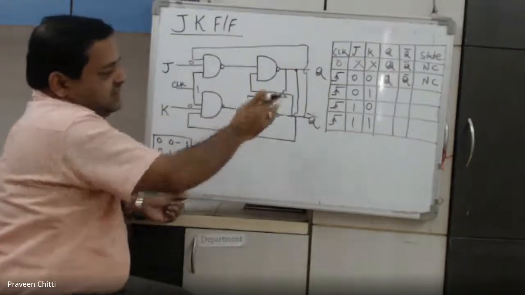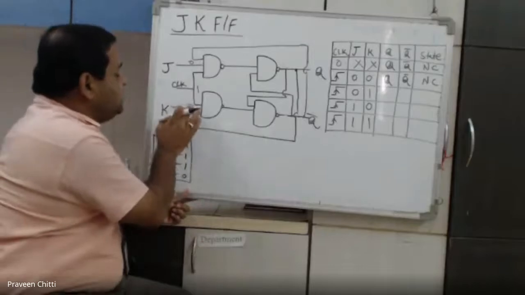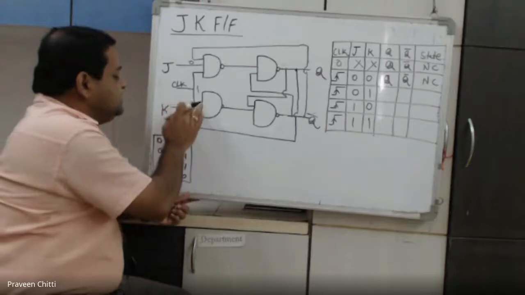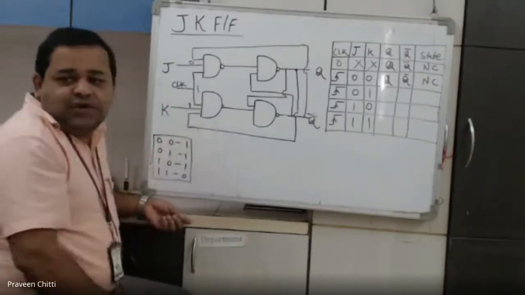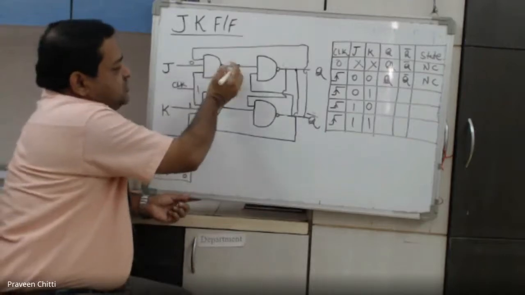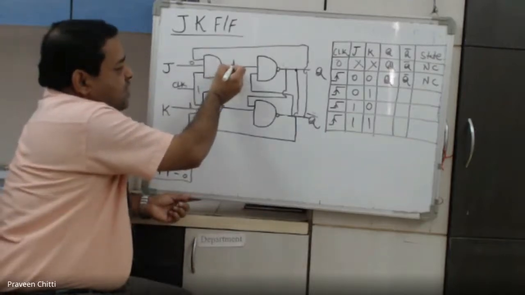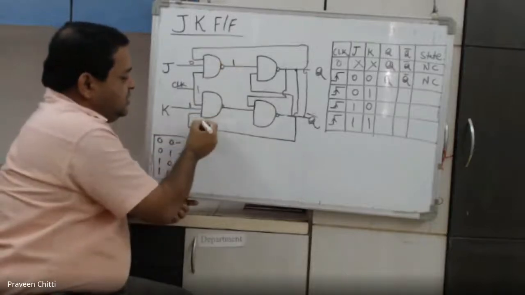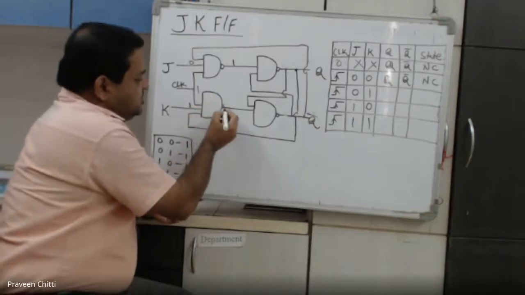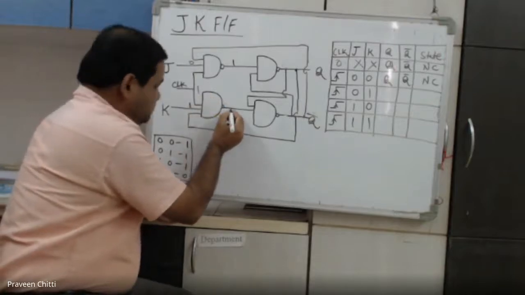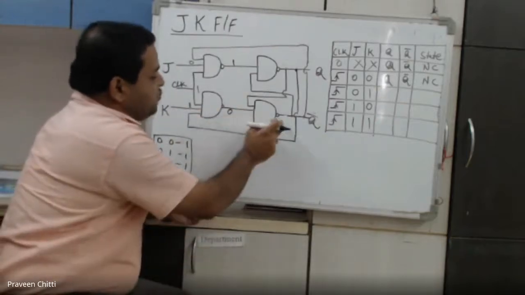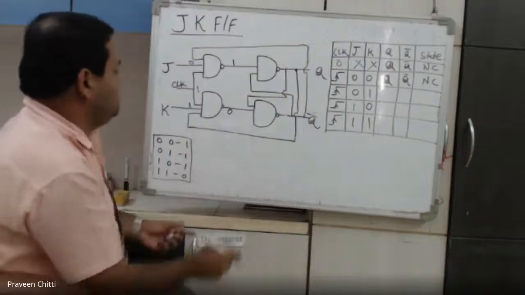Now the next case we will take is when J is 0 and K is equal to 1. So the moment you see 0 here, this will force the output to 1. And here, if you assume 1 1 1, then all the 3 inputs are 1. This output will be 0. So this 0 will force the output to 1.